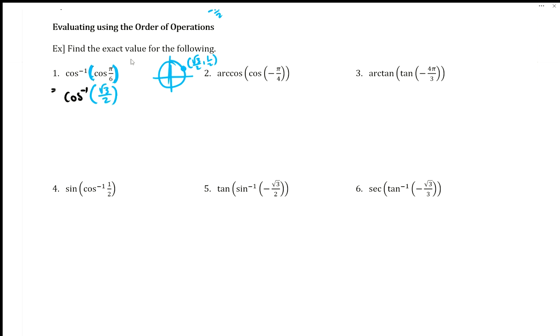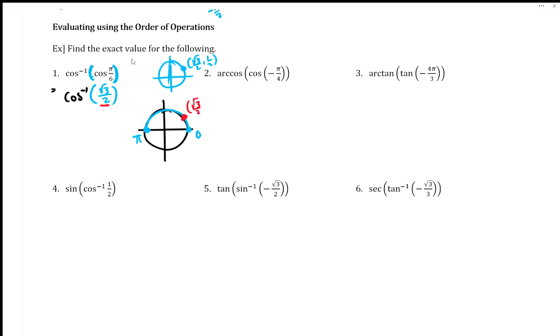Now we have to do the cosine inverse part. I'm going to draw that a little bigger because I want to mark it. Cosine inverse has to be between 0 and pi. This is an x-coordinate, the radical 3 over 2, so you have to look above.